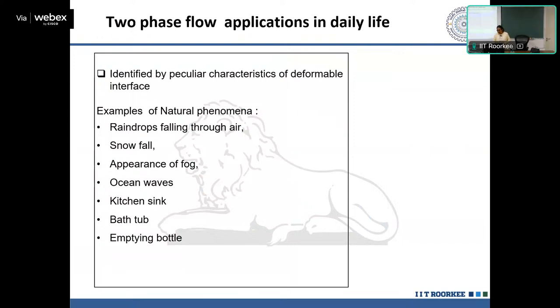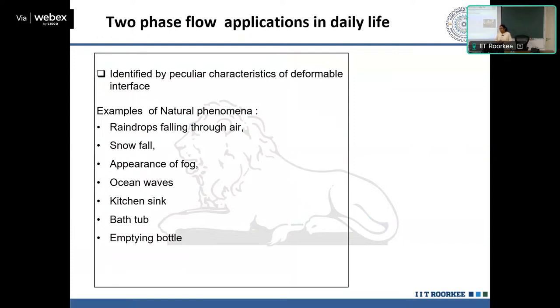But we have ample examples in our daily life also. We are surrounded by two-phase flow in our daily life. Simple phenomena like fog or rain are a kind of interaction of two-phase flows. Ocean waves are again an example of two-phase interaction.